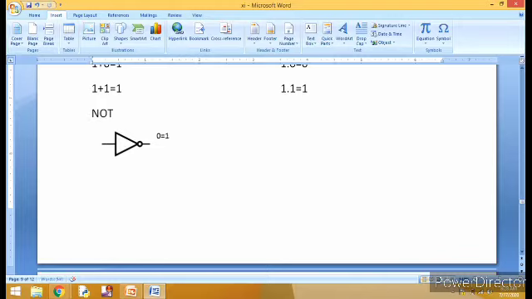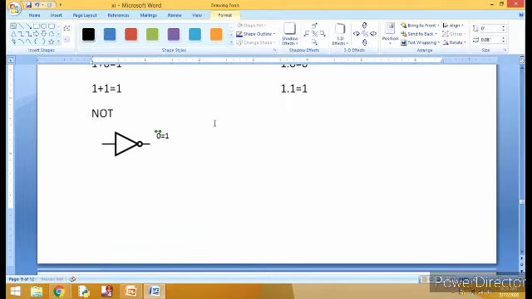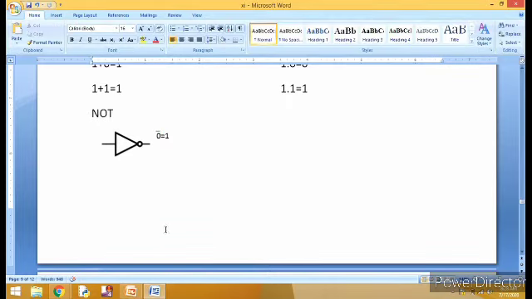It will be 1, because when 0 is passed, we get the complement, 0's complement. So for 0's complement, the output is 1. And for 1's complement, we get 0.